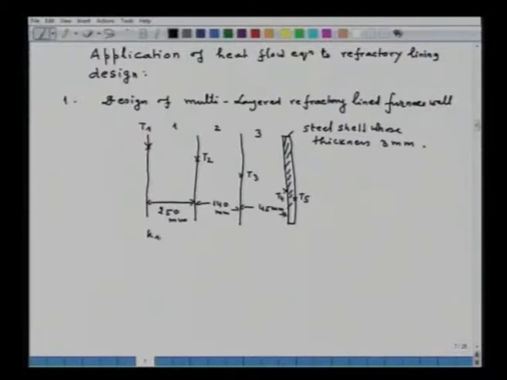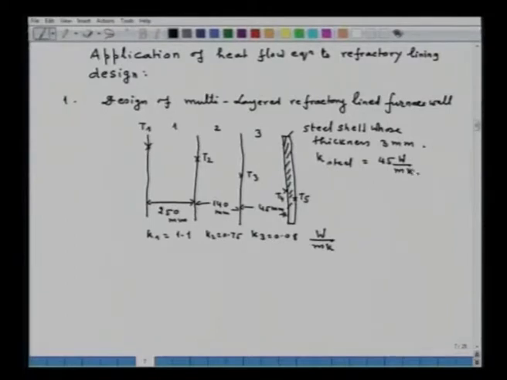K1 is equal to 1.1, K2 is 0.75 and K3 is equal to 0.08, all in watt per meter Kelvin. K of the steel shell is given to you as 45 watt per meter Kelvin.